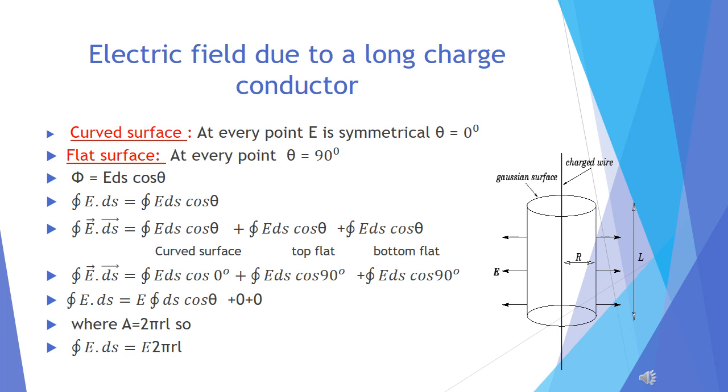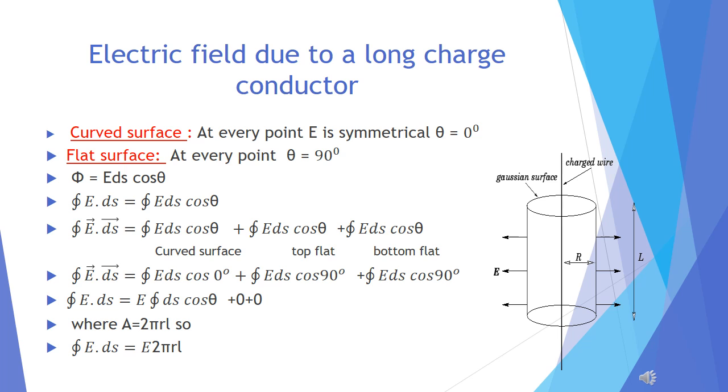If we are compelled, because we do not get one surface which is symmetrical, we divide our surface into two parts, and each part should have a separate symmetry, with every point symmetrical in that part. So in the curve every point has symmetry, and in the flat every point has symmetry.